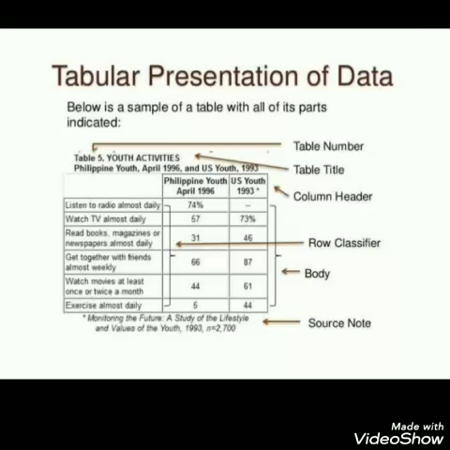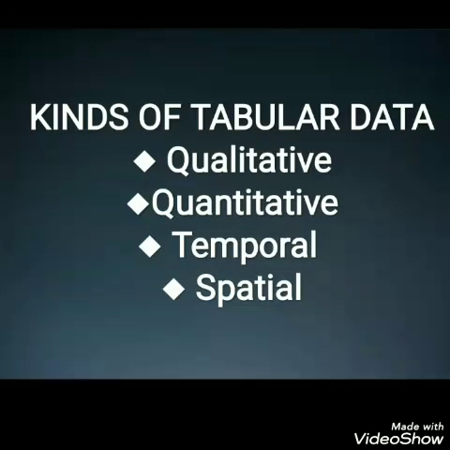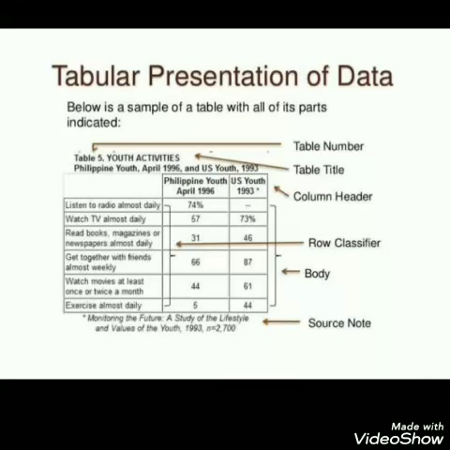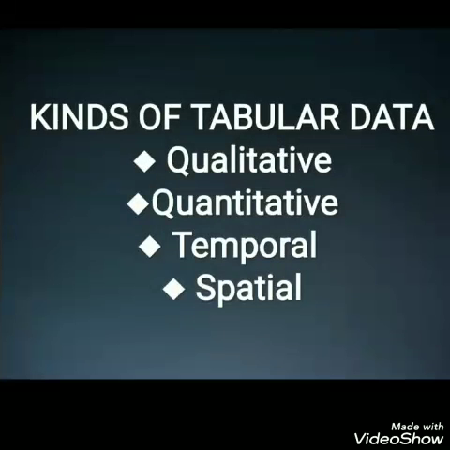The most important advantage of tabulation is that it organizes data for further statistical treatment and decision making. The tabular representation of data is also attractive and easy to understand for everyone. Tabular presentation can also be classified into four kinds: qualitative, quantitative, temporal, and spatial.